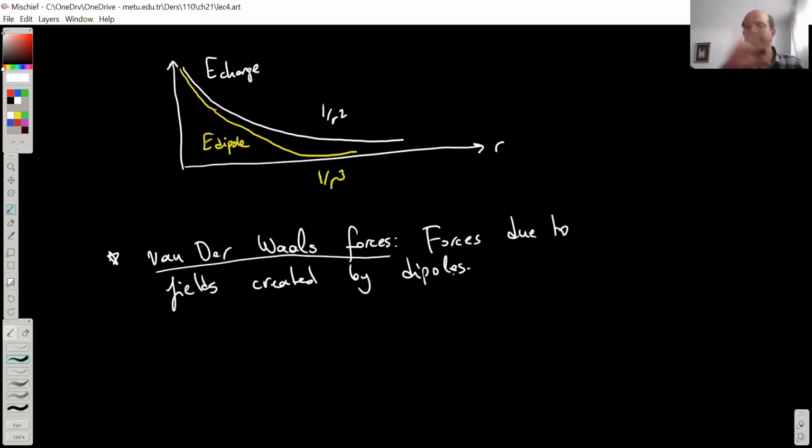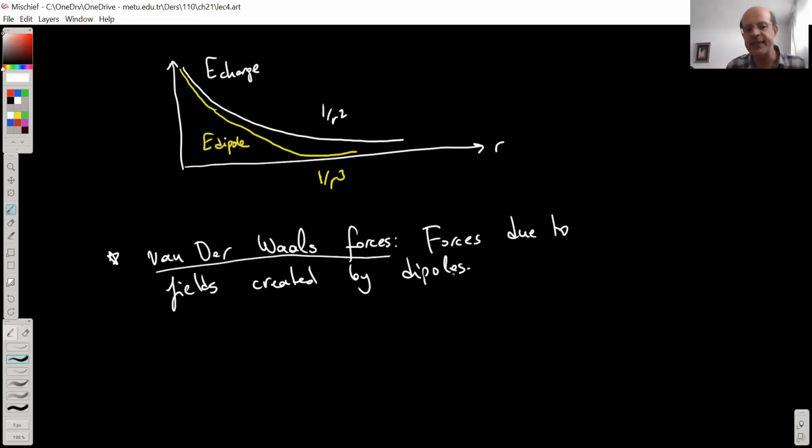So all of these kind of forces are called van der Waals forces. Usually they are attractive, and so as a result, they form an important part of the cohesion forces that keep matter together. So for example, helium in the liquid form, or in solid form, is possible because of these forces, right?